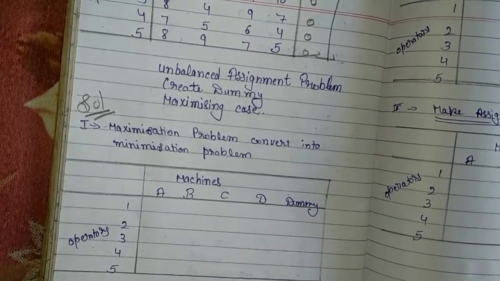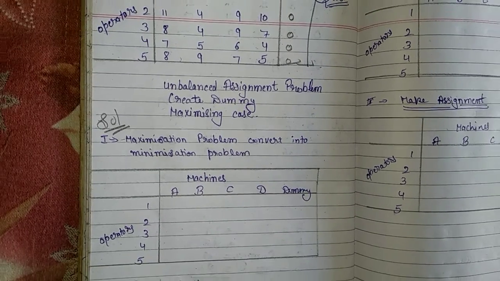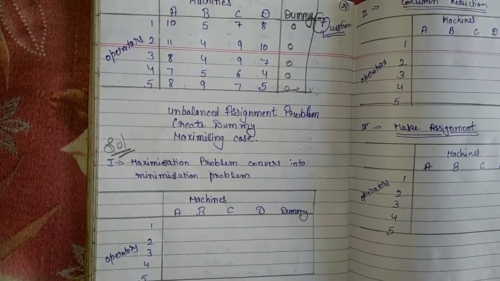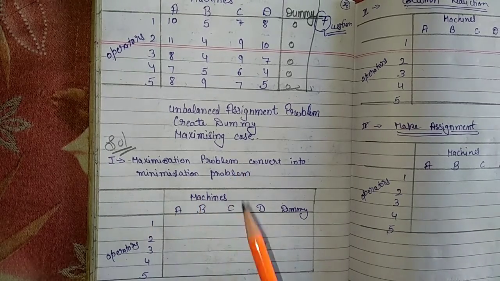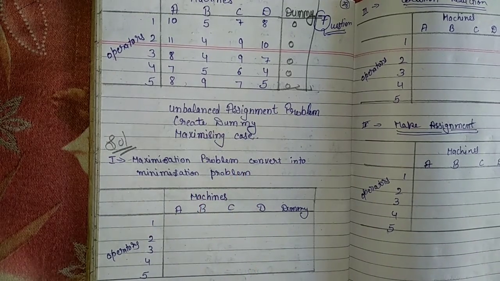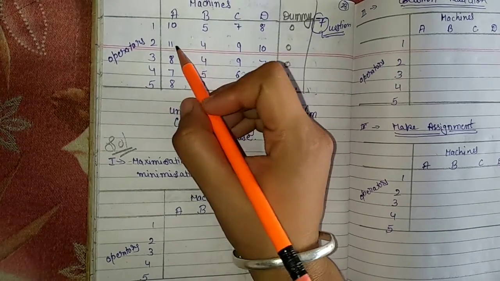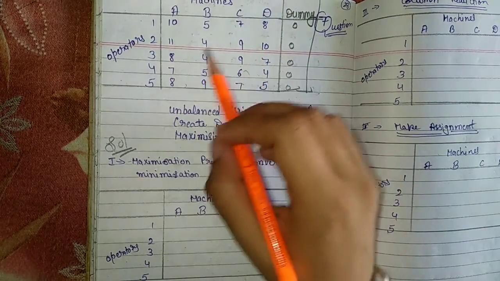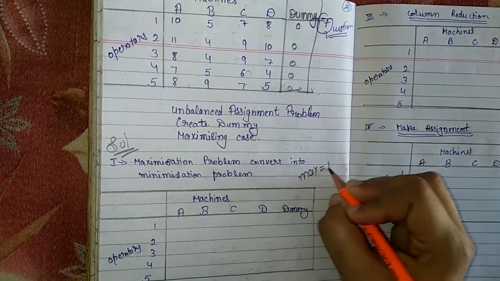First of all, we have to convert maximization problem into minimization problem. For this, we have to select the maximum number from this matrix. Here the maximum number is 11.